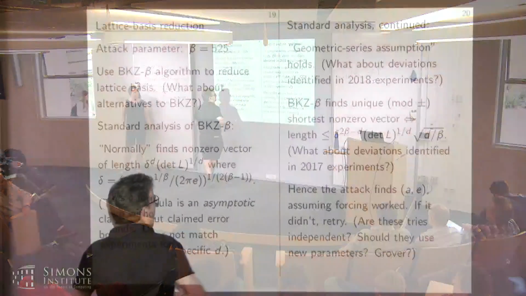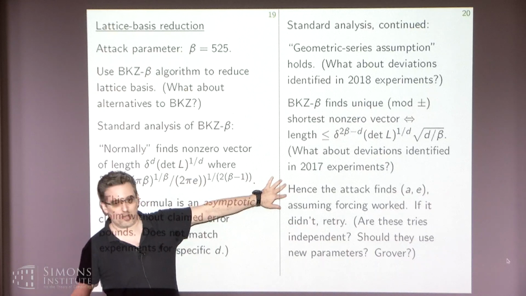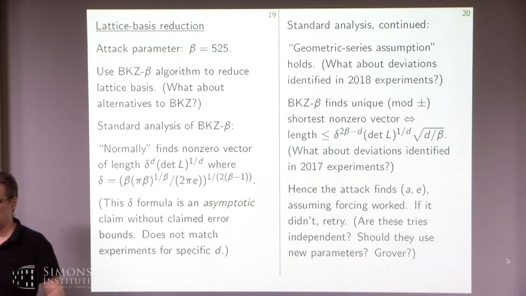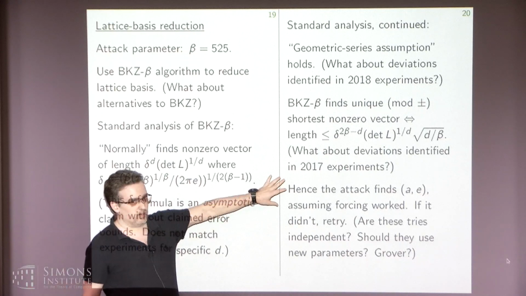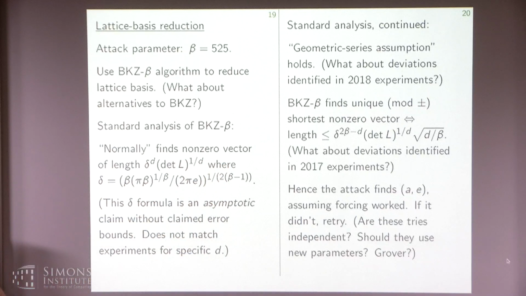So then if you get through all this, the standard analysis says that you find the short vector you want, assuming that the lattice transformations that Tanja mentioned didn't throw it away. So you now have this probabilistic thing that maybe worked depending on choices you made in setting up the lattice. And then people say, well, you try it again 1 over p times, where p was the probability of this working.